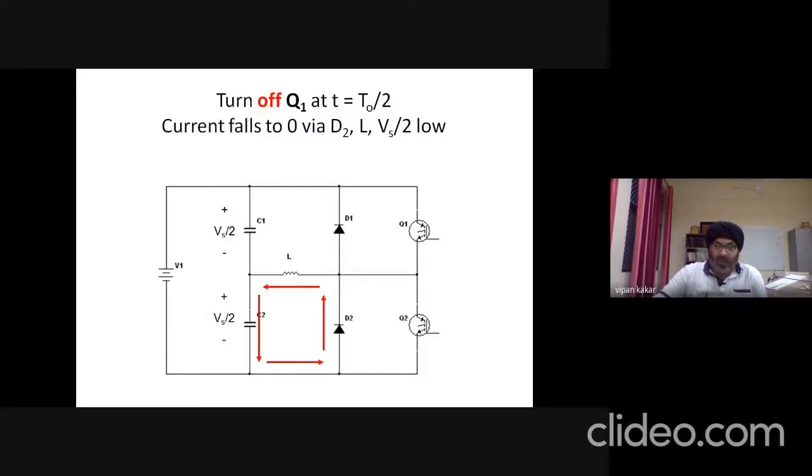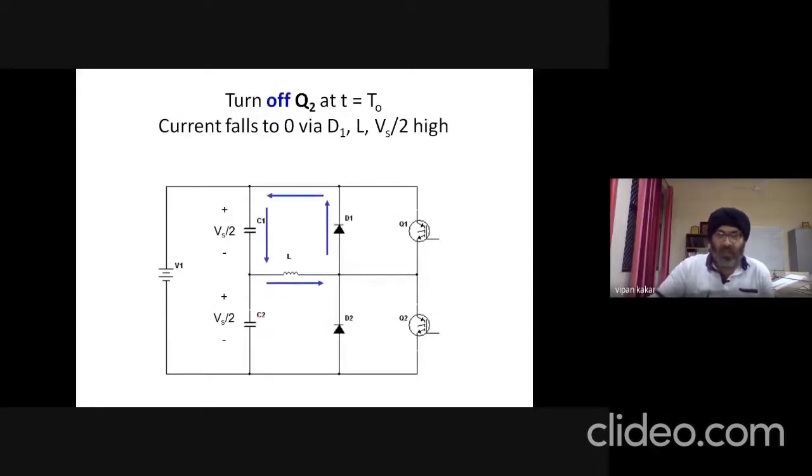So whatever voltage at this, we have Vs by 2. And this current starts to decay through this D2. So whatever energy was stored in this inductor starts to decay through D2.